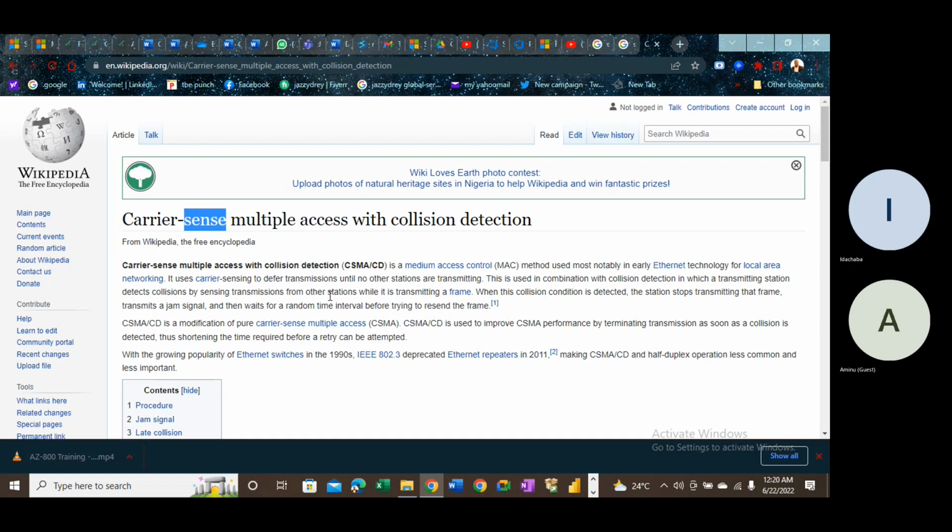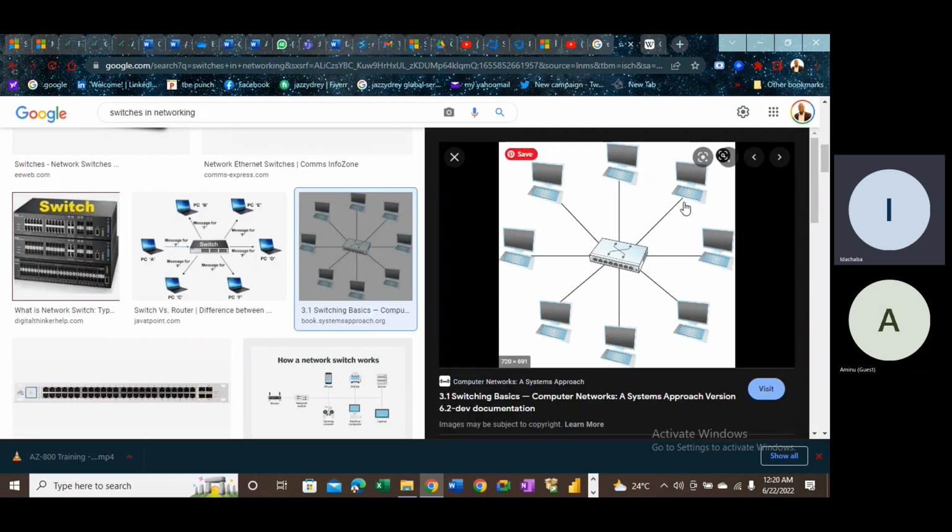So it uses carrier sense to defer transmissions until no other stations are transmitting. What do they mean by no other station? Each computer like this is called a station. If this one wants to send an email to this one, it will begin to ask, are you available to talk? It's like calling you and saying, hello Mr. Musa, are you available to talk?